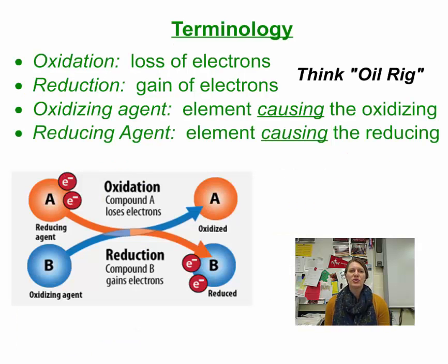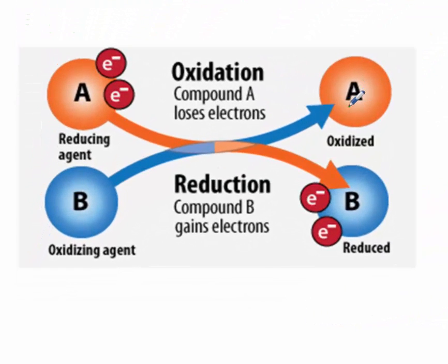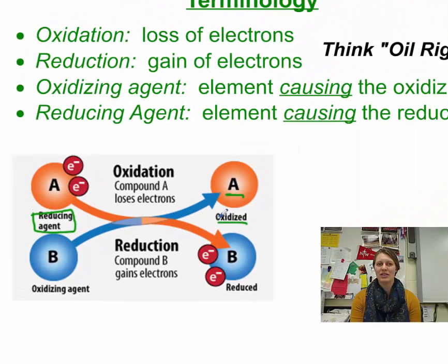2 other terminology words that you'll hear is the oxidizing and the reducing agent. And the difference between the agent is that it's the element that causes the oxidizing or the element that causes the reducing. In this diagram down here, element A is being oxidized, but because it is losing an electron, it is actually then the reducing agent because it is causing something else to gain an electron.